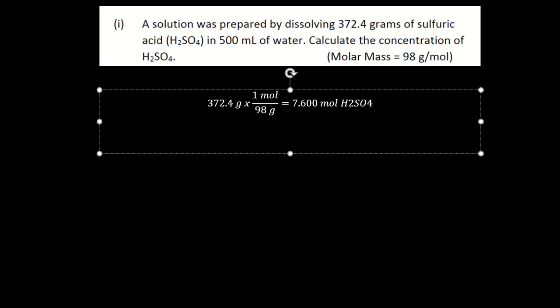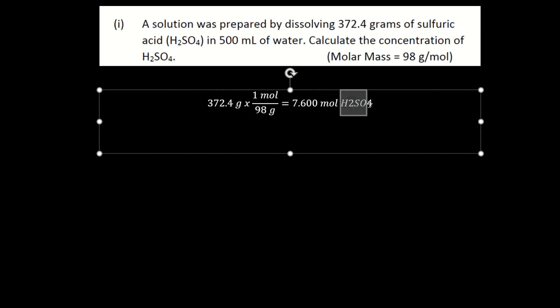Which, alright, cool. We now have moles of sulfuric acid. Therefore, to calculate concentration of sulfuric acid, we just need to take the amount in moles and divide it by our volume in liters.